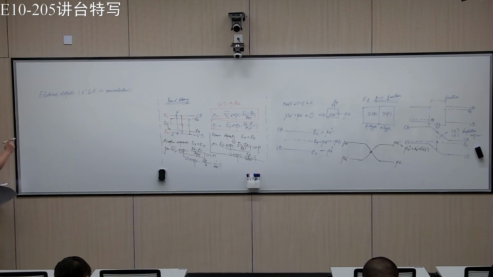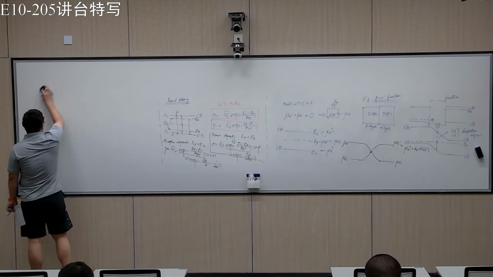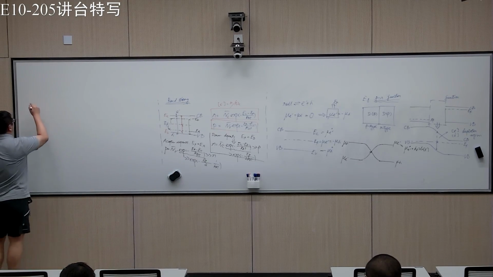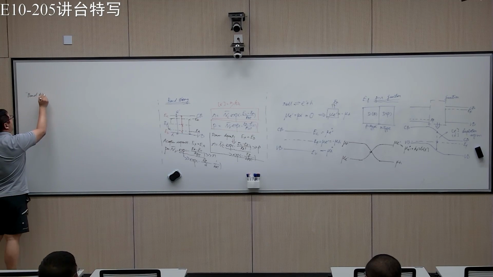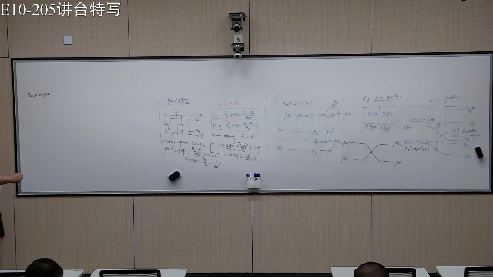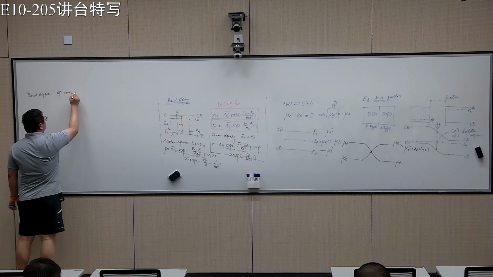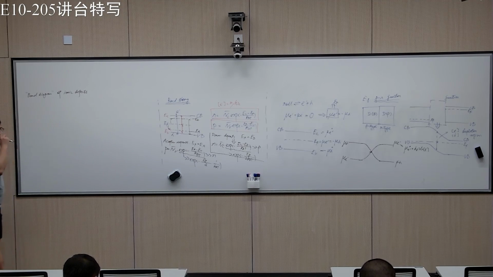So I think I'm going to give you the last example, which is the so-called band diagram, of course, with coordinate mass of ionic defects. So what do I mean?